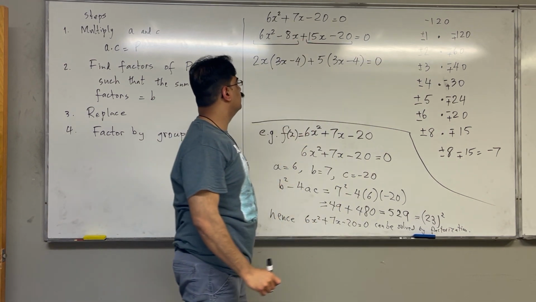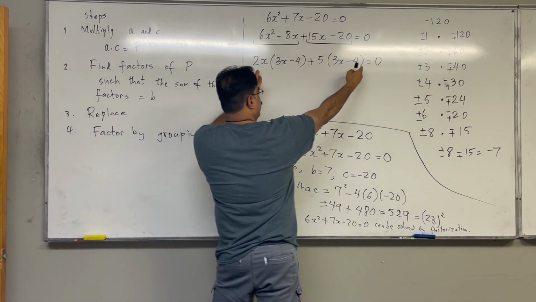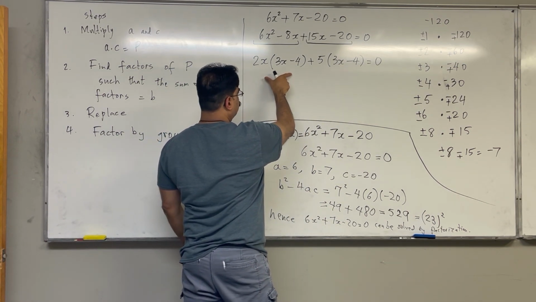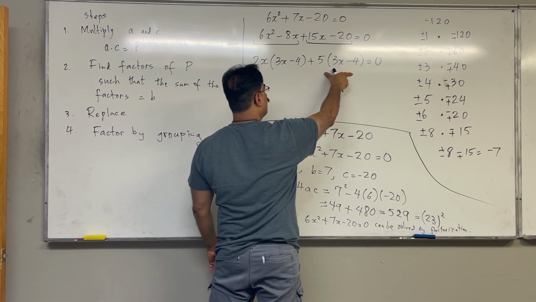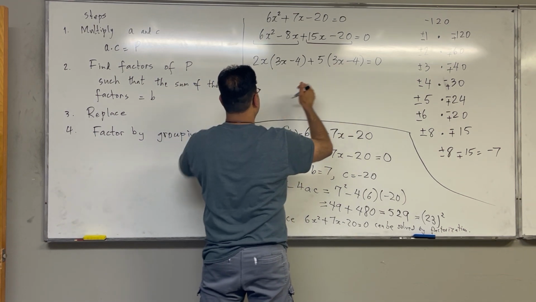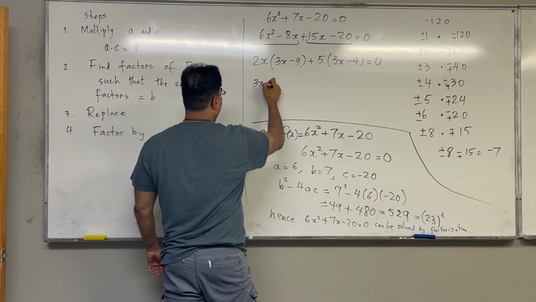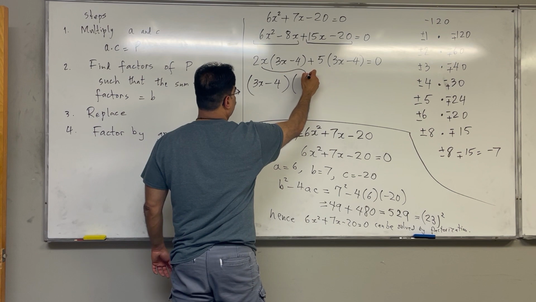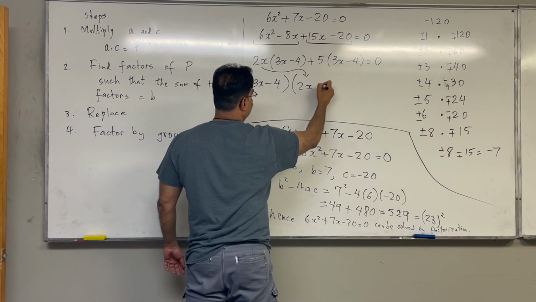Now both of these terms have 3x minus 4 in common. So we could factor that out. And what are we left with? We are left with 2x from here and plus 5 from here.